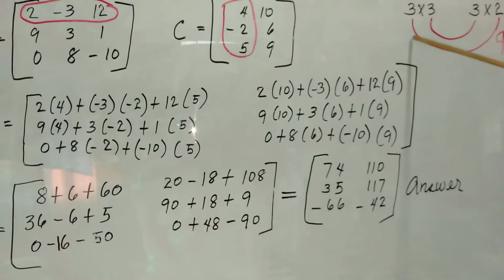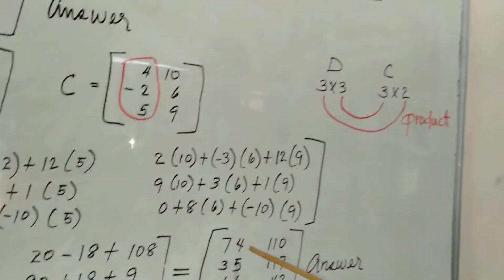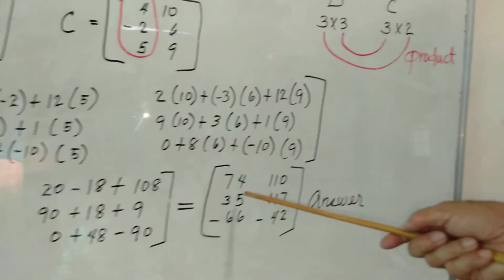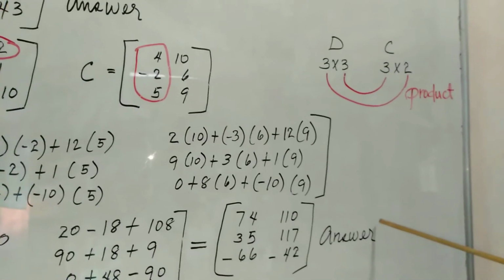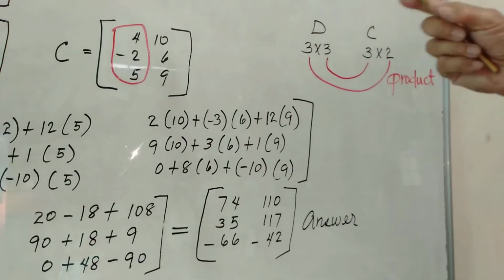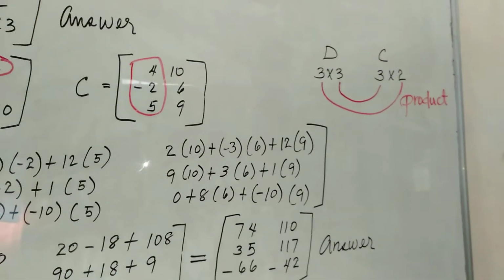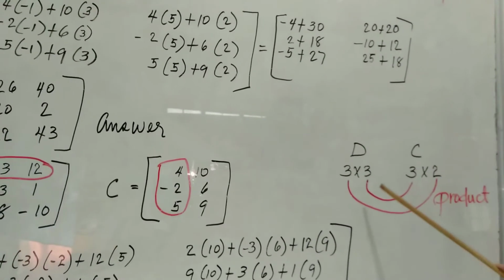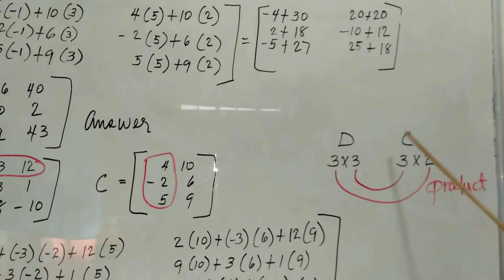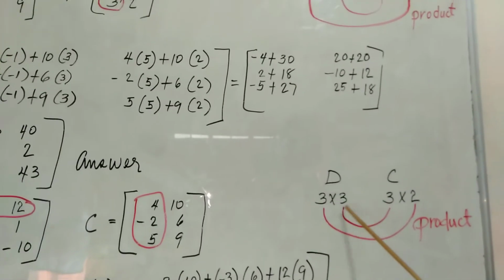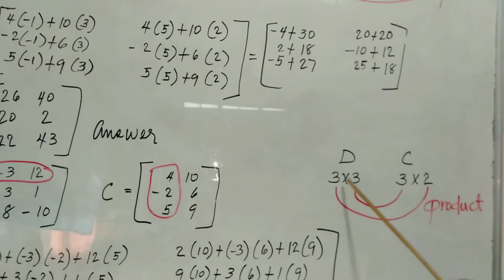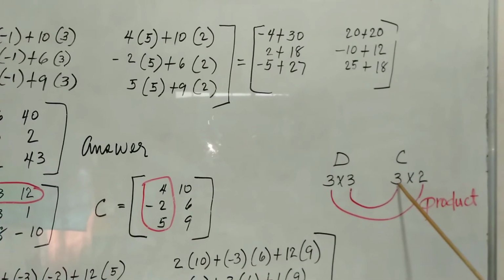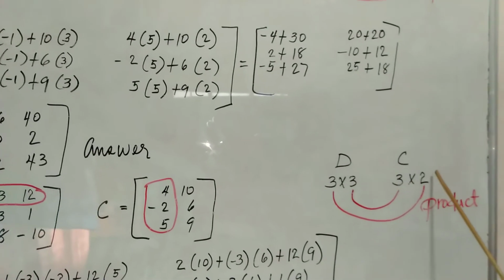As you can see, the product has a dimension of 3 by 2, 3 rows and 2 columns. So that's how we answer multiplication of two matrices. Always remember this. We repeat: D has a dimension of 3 by 3, 3 rows and 3 columns, and C has dimensions of 3 by 2, 3 rows and 2 columns.